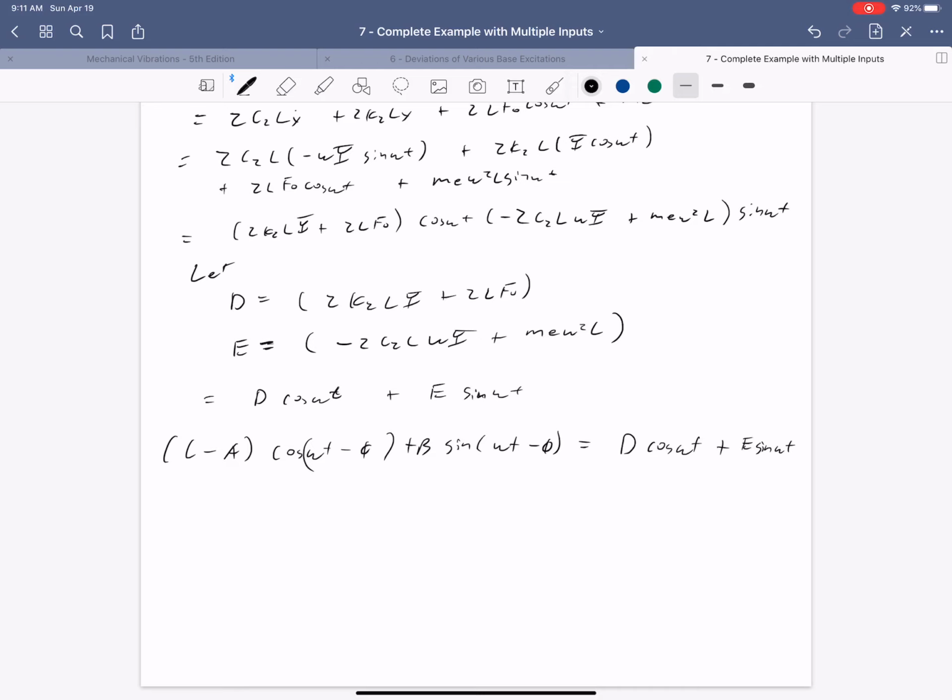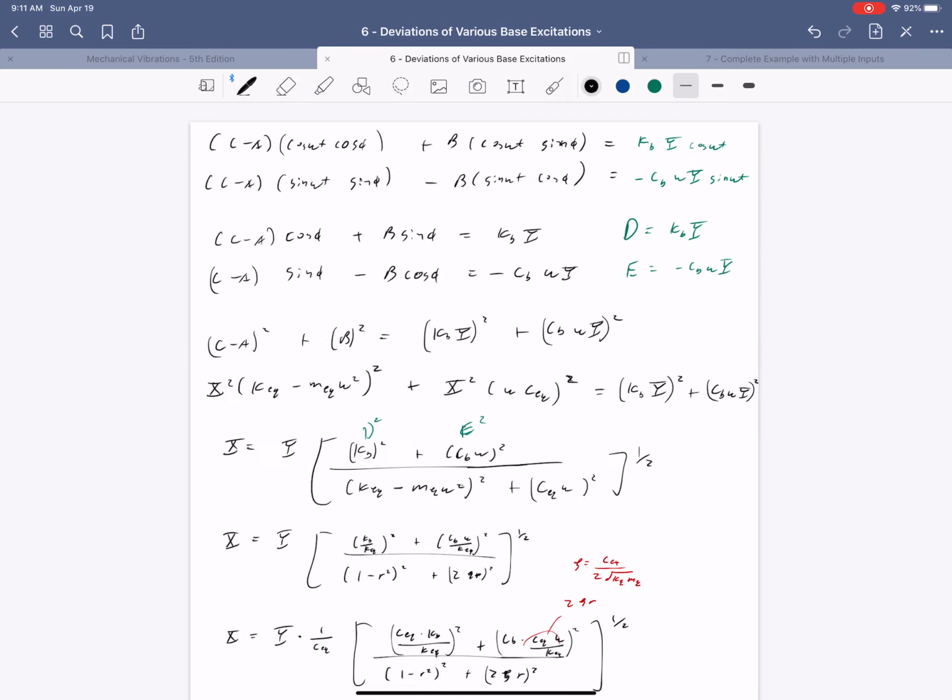Okay, so now let's remember that cosine of omega t minus phi is equal to cosine omega t cosine phi plus sine omega t sine phi, and that sine of omega t minus phi is equal to sine omega t cosine phi minus cosine omega t sine phi, just to make sure I'm not wrong.